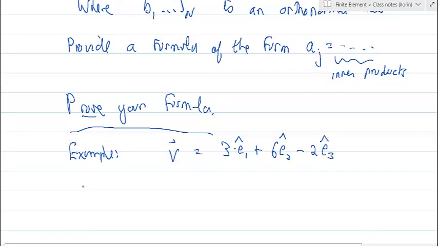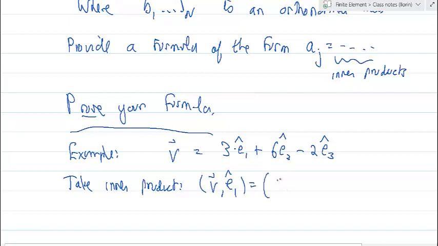Okay, so we can take the inner product. If I take the inner product of v with e1, that's going to give me the inner product of 3e1 plus 6e2 minus 2e3 with e1.